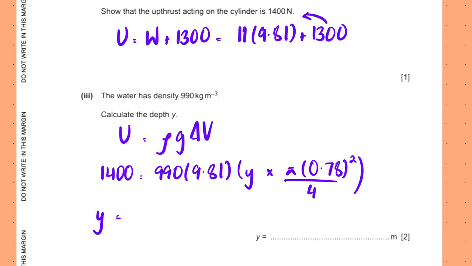So 990 times 9.81 times pi into 0.78 square over 4. This is 4640. 1400 divided by this, that turns out to be 0.3016, so 0.30 meters.